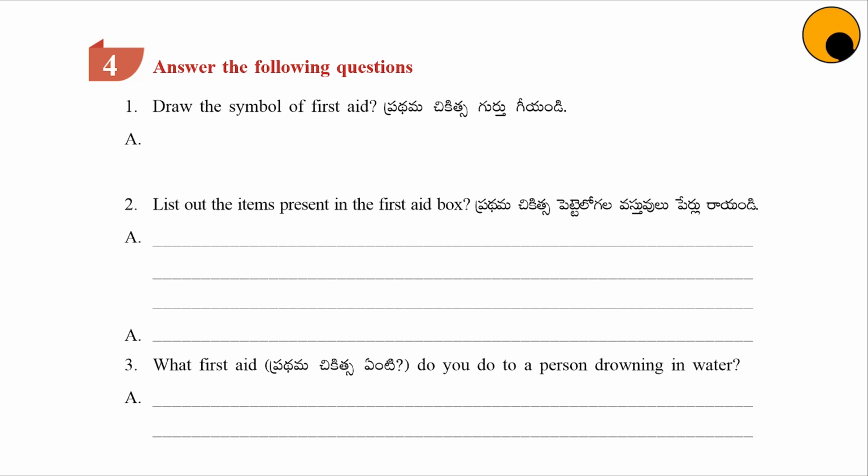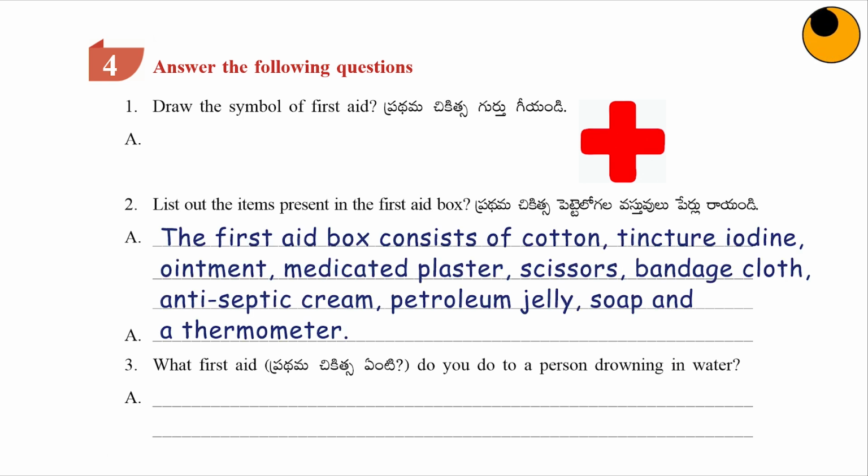Answer the following questions. వీటికి జవాబులు రాయండి. Draw the symbol of first aid. List out the items present in the first aid box. The first aid box consists of cotton, tincture iodine, ointment, medicated plaster, scissors, bandage cloth, antiseptic cream, petroleum jelly, soap, and a thermometer.